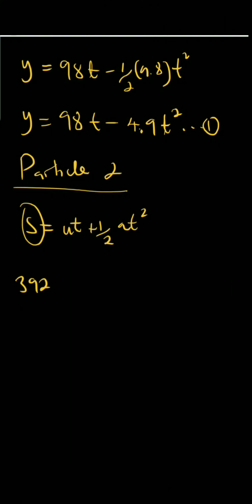The initial speed is 0, since it was at rest initially, so this just gives us half gt squared.